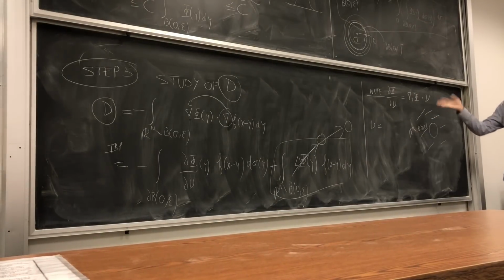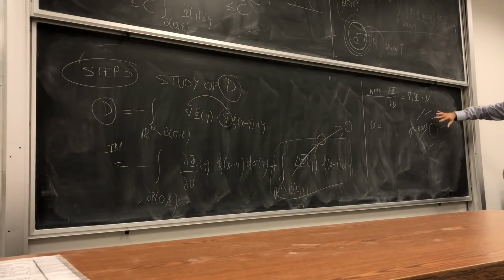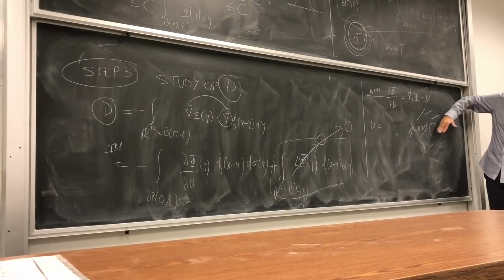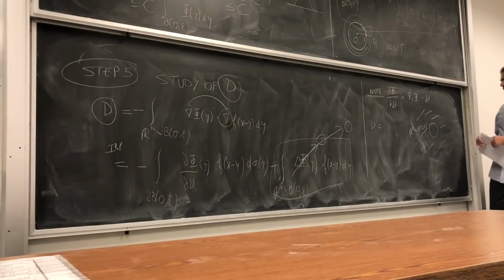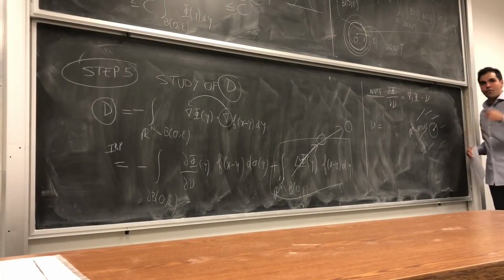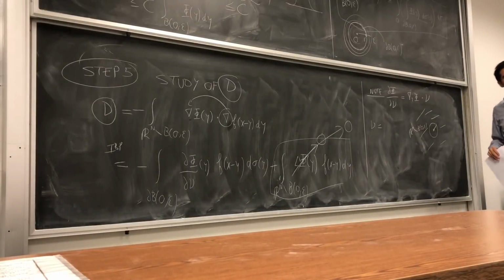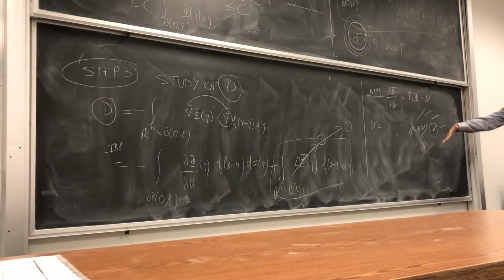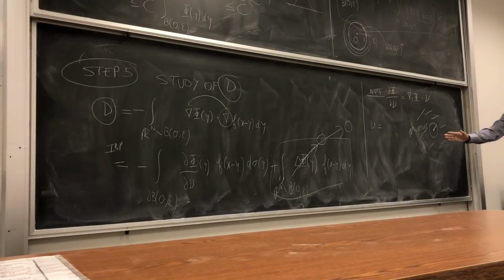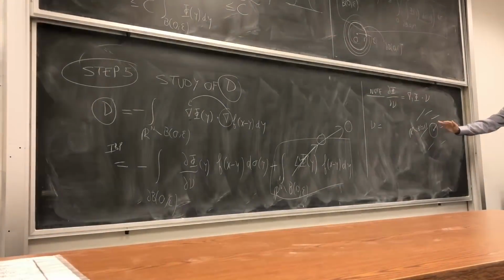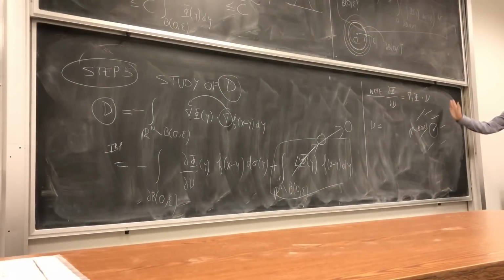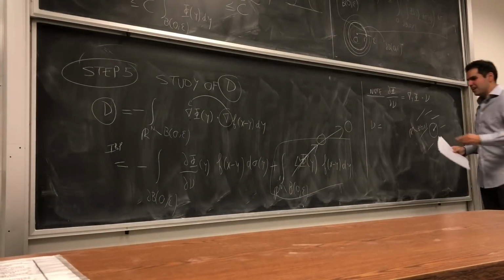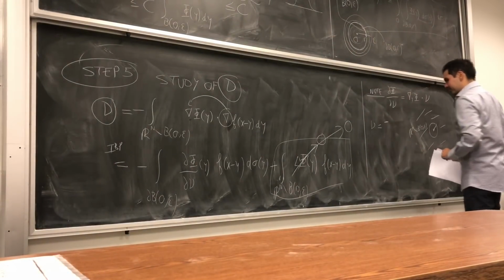But because our region is inside out, because we're dealing with the outside region here, the unit normal actually points this way. Think of it as forces, a centripetal force or something. Anyway, it points inside, which means that we have to have a minus sign, because usually our vectors point outside with a plus sign. But here we have a minus sign.